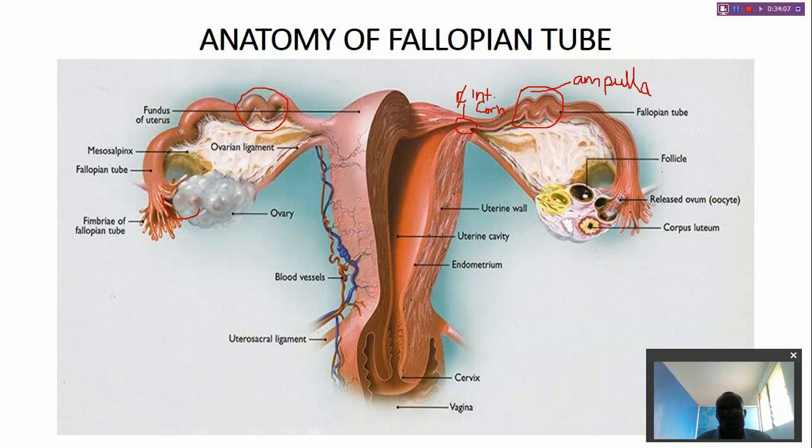So this is the system after an egg is released. This is a released egg, a released ovum or oocyte, that goes through like that. So this is the egg here, the sperm is here.